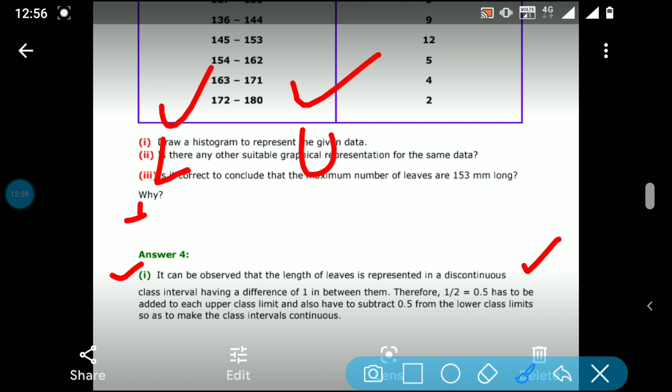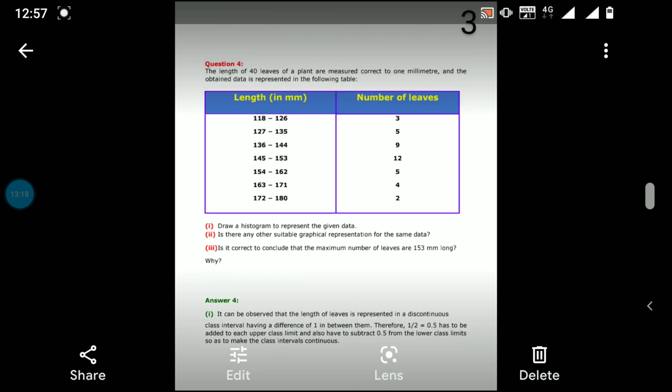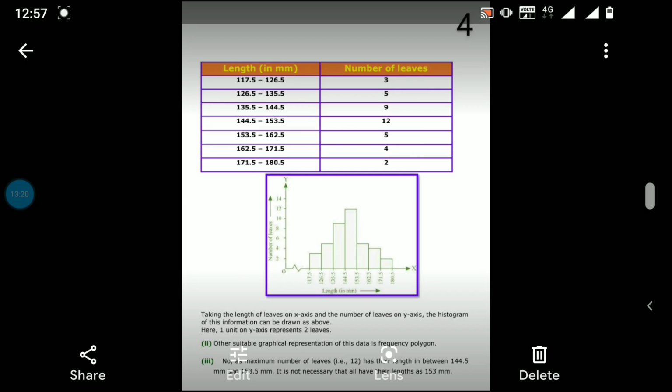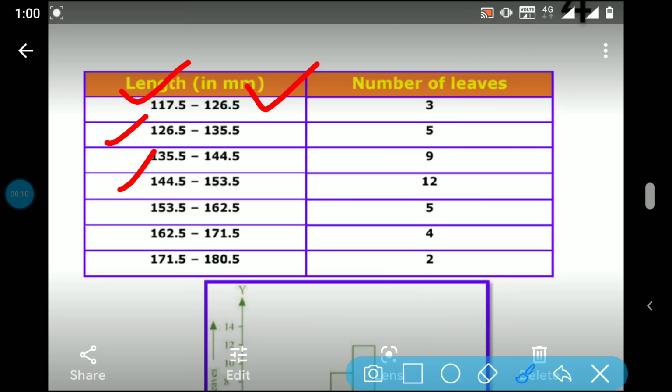In the lower limit we will subtract 0.5, and in the upper limit we will add 0.5. After this we can find our continuous, or regular, class intervals. So you can see here how we can find them, and now this class interval is in regular, continuous form.